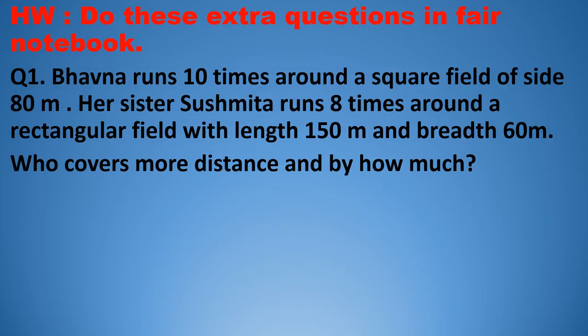That means what you will find out? Here you will find out the perimeter. Okay? Perimeter of a square field and perimeter of a rectangular field. But Bhuvan runs 10 times and Shushmita runs 8 times. So multiply the perimeter of the square by 10 and the perimeter of the rectangle by 8. And then see who covers more distance and by how much.